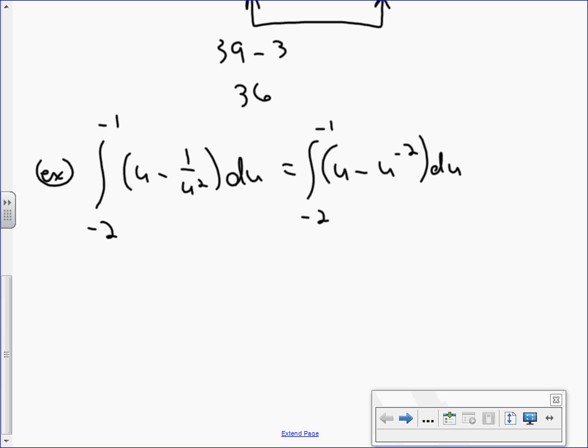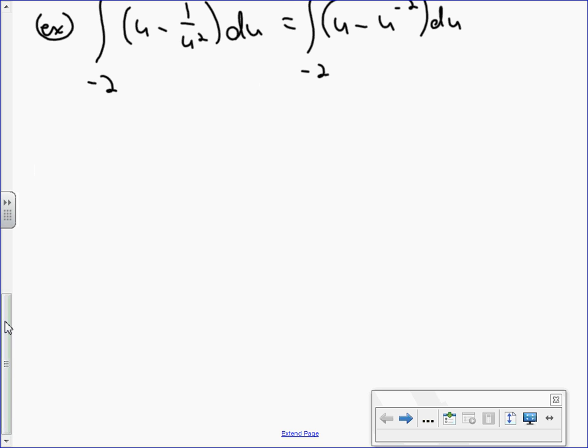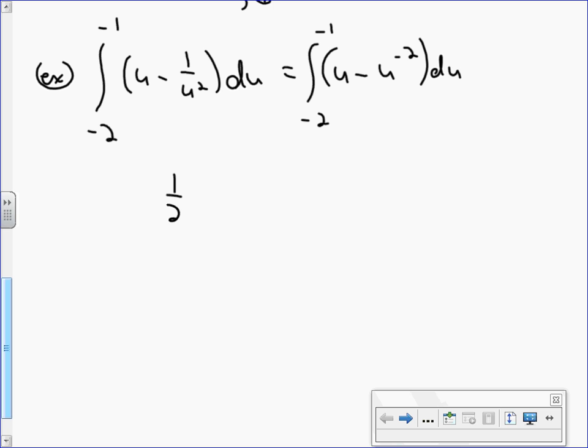I'm going to take the antiderivative of u, which is 1/2 u squared, and then the antiderivative of u to the -2, sorry, u to the -1, and the reciprocal of -1 is -1, so that becomes plus 1 right there. And here's my notation that says I'm going to plug in these two numbers.